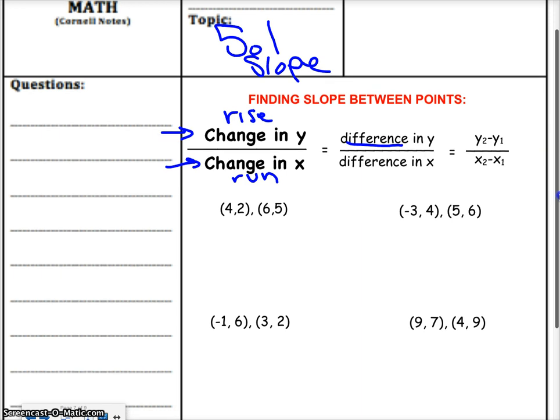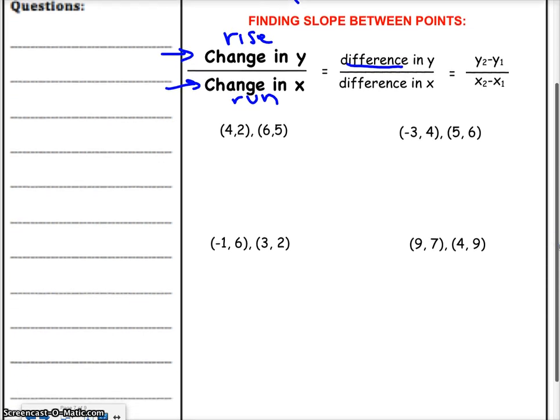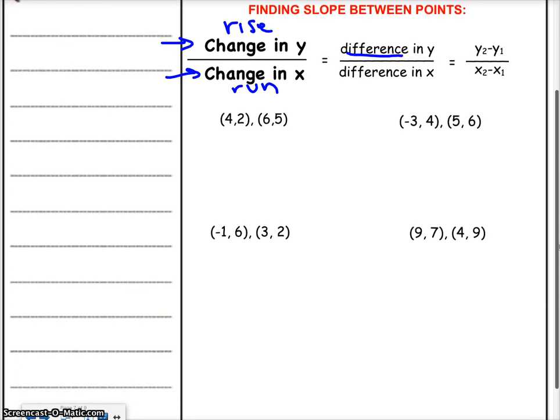So let's find the change. You can always plot this on a coordinate plane and do rise over run. It just takes a lot longer. So let's calculate the slope here. The first thing I do is say, hey, this is my first x, my first y. Second x, second y. Do you see how I got that?